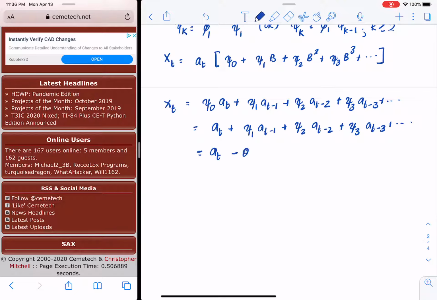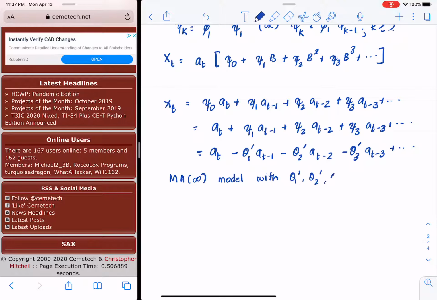I could define negative theta_1 prime a_{t-1}, negative theta_2 prime a_{t-2}, negative theta_3 prime a_{t-3}, and so on. So what we have is an MA infinity model with theta_1 prime, theta_2 prime, theta_3 prime, and so on as the coefficients.